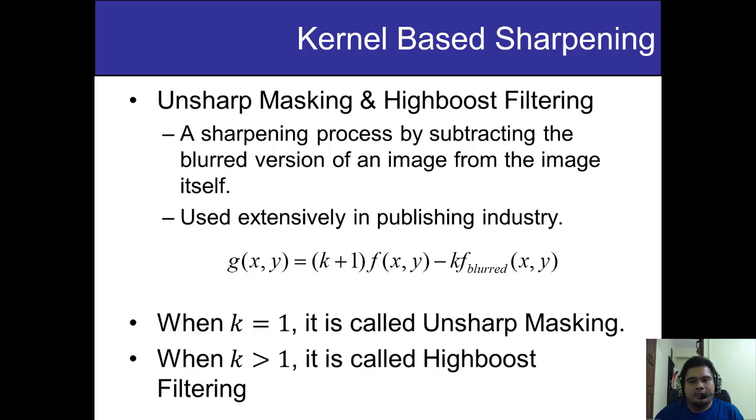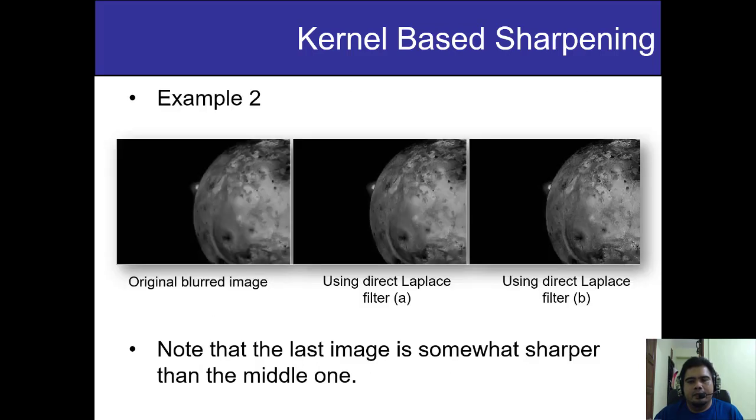Doesn't matter whether it's typical or special, the objective is similar: the purpose of this filter is you want to sharpen the image. From the input image you want to sharpen the image.